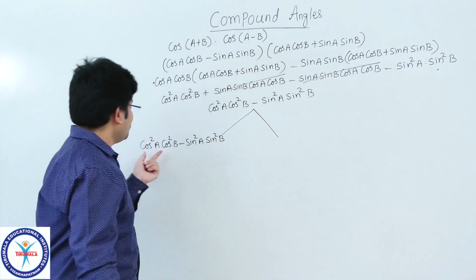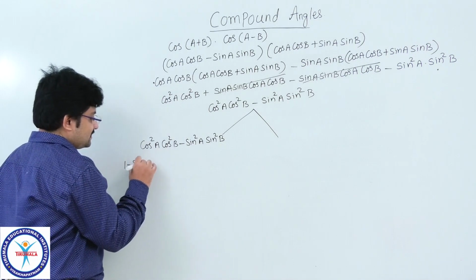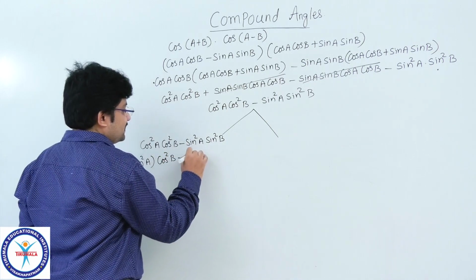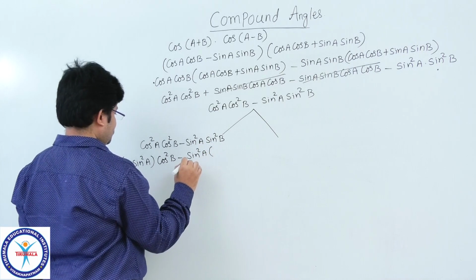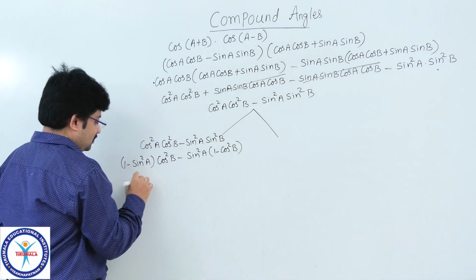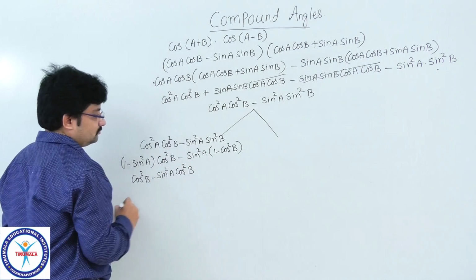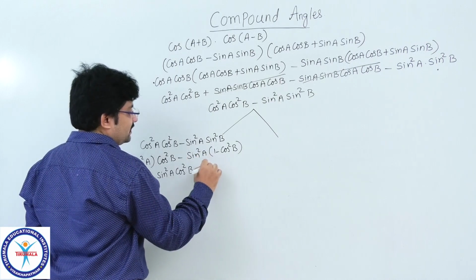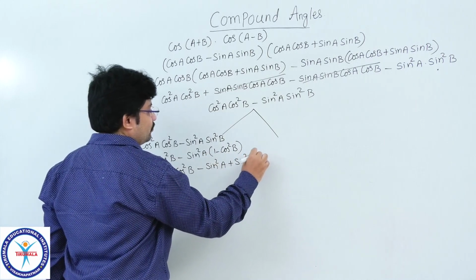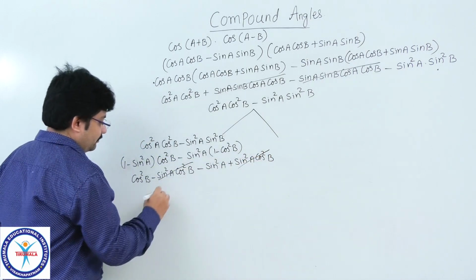So here cos square A cos square B minus sin square A sin square B can be written as cos square A is nothing but 1 minus sin square A, into cos square B, minus sin square A into 1 minus cos square B. So here it is cos square B minus sin square A into cos square B, minus sin square A into 1 is sin square A, minus into minus plus sin square A into cos square B. Plus sin square A cos square B minus sin square A cos square B get cancelled.